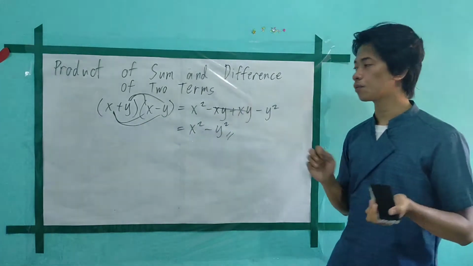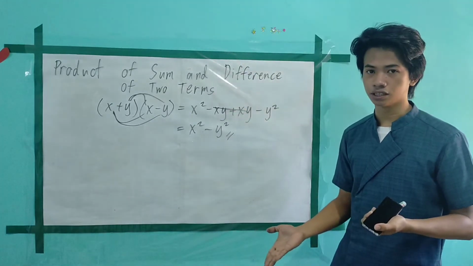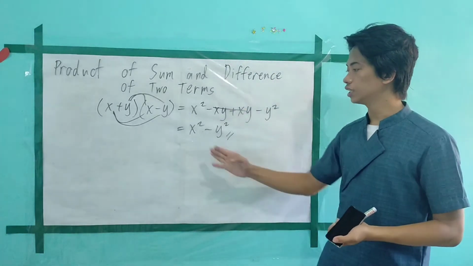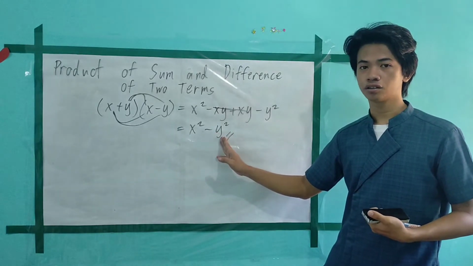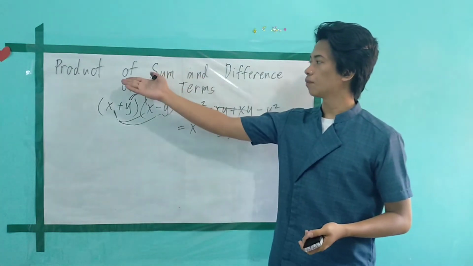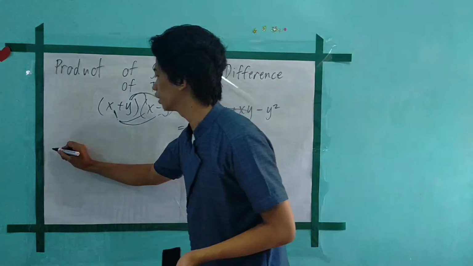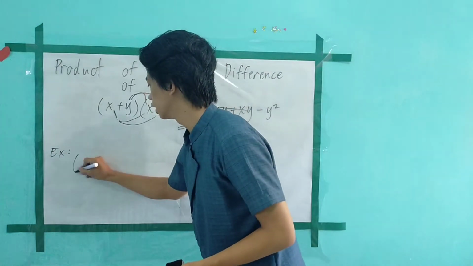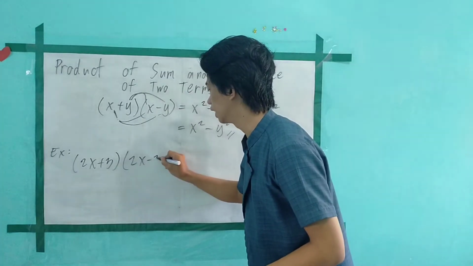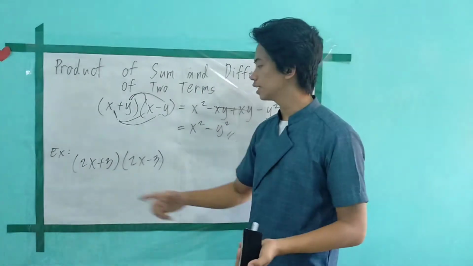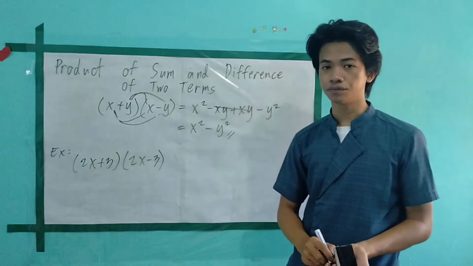Since we are in special product, there is a technique or shortcut in this lesson. The technique or shortcut is square the first term less square the second term. So let's have an example to a product of sum and difference of two terms. Let's say our example is 2x plus 3, then 2x less 3. So as you can see, 2x, positive 3, then negative 3.